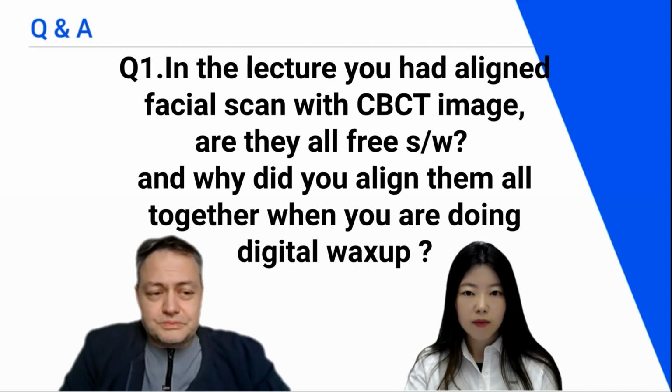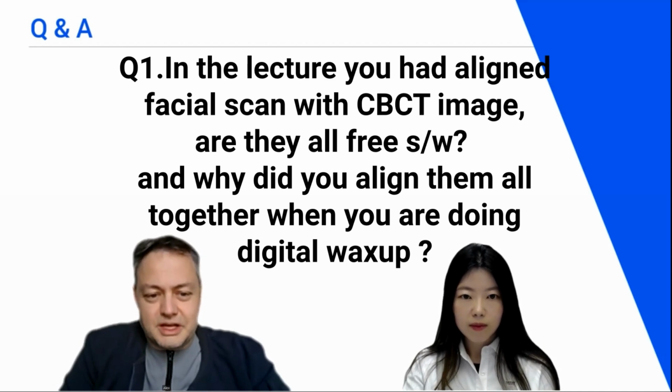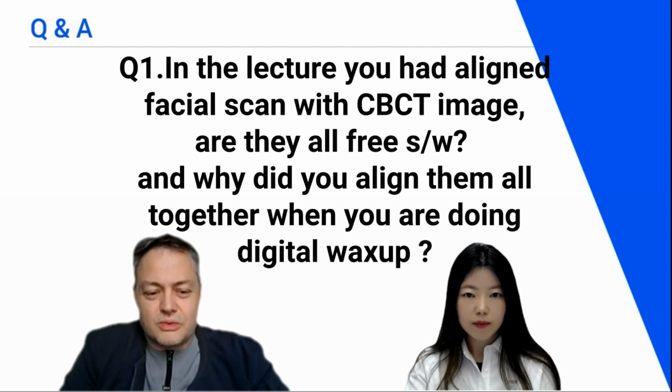And also, after you have the face in place and you are able to work on the smile of the patient, you will actually also need to work on the length of the crown.